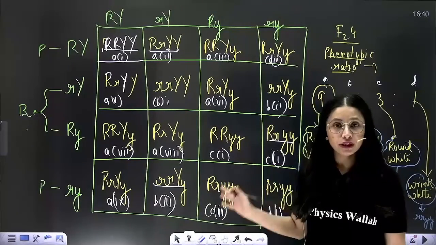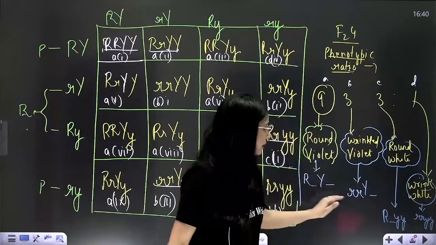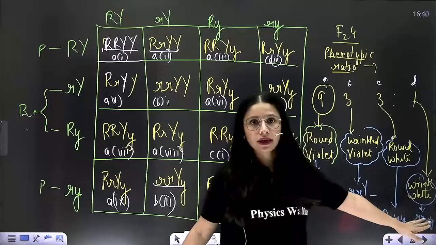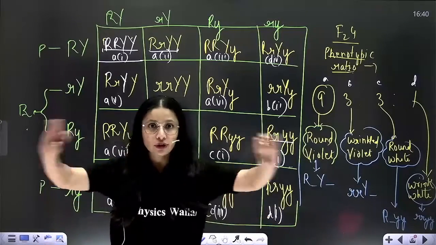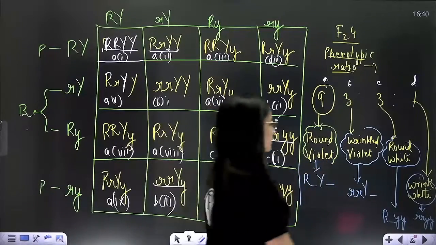So this is the phenotypic ratio, and here I have written the genotypic ratio in a minimalistic form. But now I am going to write the genotypic ratio in expanded form for the dihybrid cross.